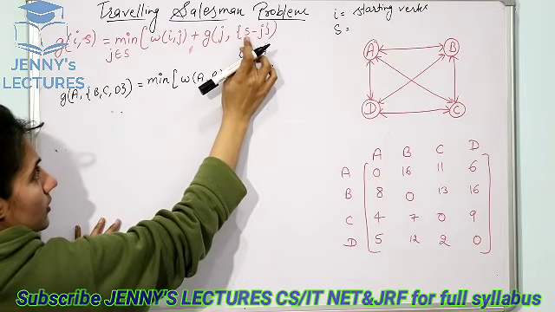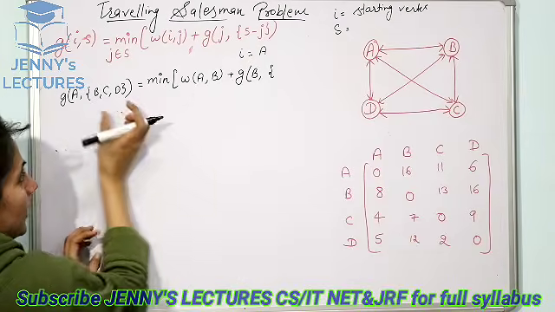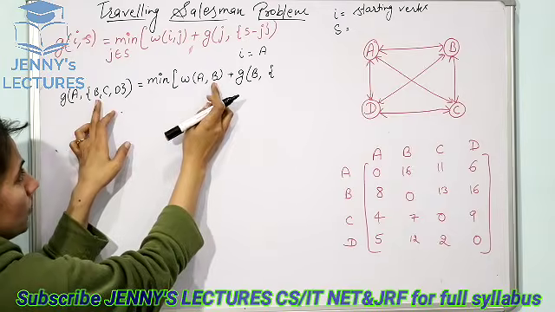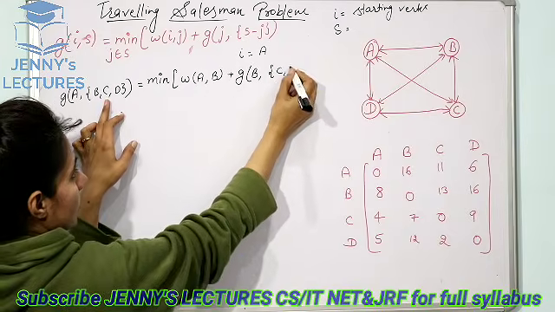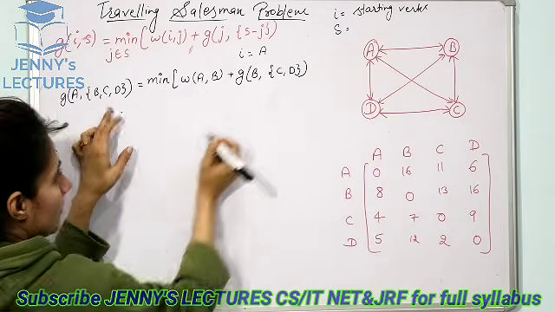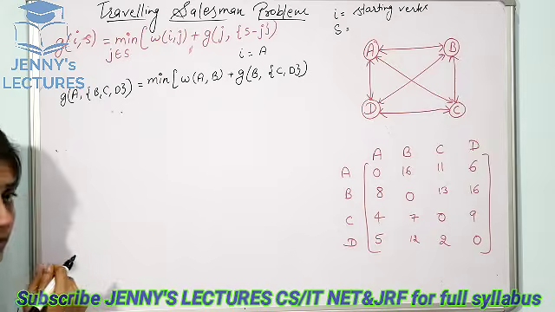This S minus J. S is B, C, D and J is B. Then the remaining is C and D. Fine.